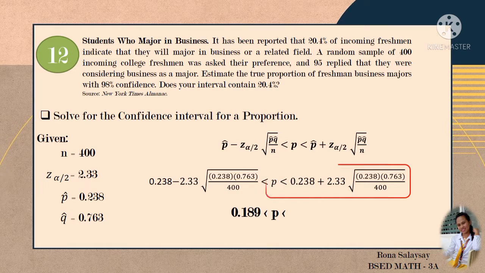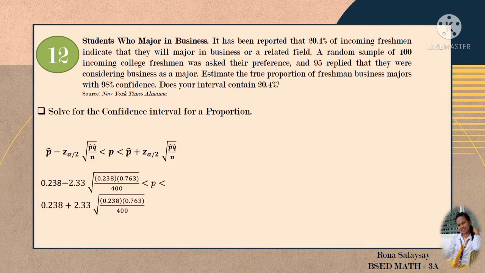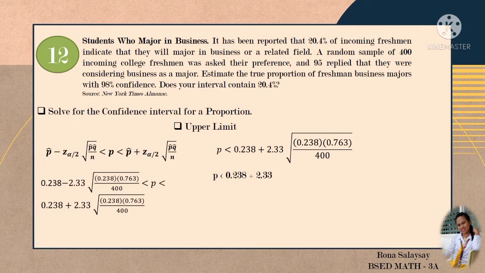Next is to solve for the upper limit. This time, we are going to add to p hat the z sub alpha over 2 times the square root of p hat times q hat divided by n. Just like what we have done in the lower limit, we need to find first the square root of p hat times q hat divided by n, and that is equal to 0.021. 0.021 times the z sub alpha over 2, which is 2.33, is equal to 0.049.